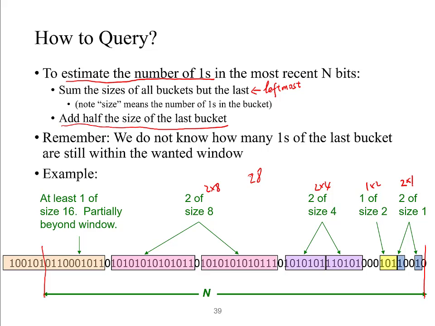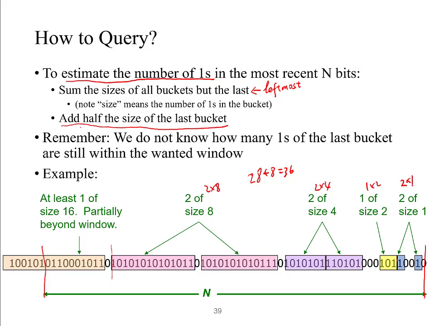Right, 28. So we have 28 ones from here to here. And we add half the size of the last bucket, which is 8. Then we will get 36, which is our estimation of the number of ones in the most recent n bits.